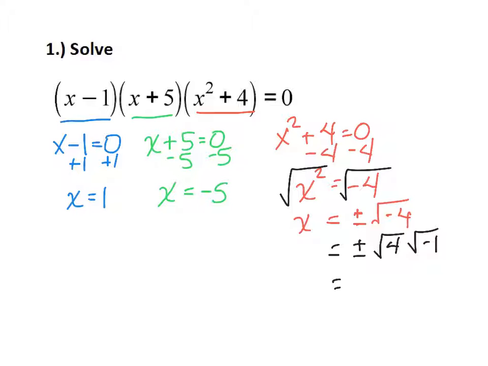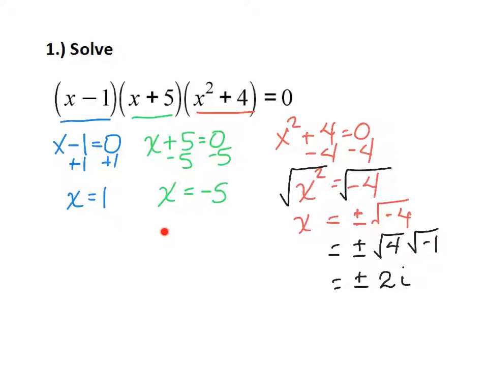So hopefully you realize that this is going to be an imaginary answer. So I have plus or minus the square root of 4 is 2, and the square root of negative 1 is i. So looking at our solutions, we have a solution of 1, negative 5, a positive 2i, and a negative 2i.